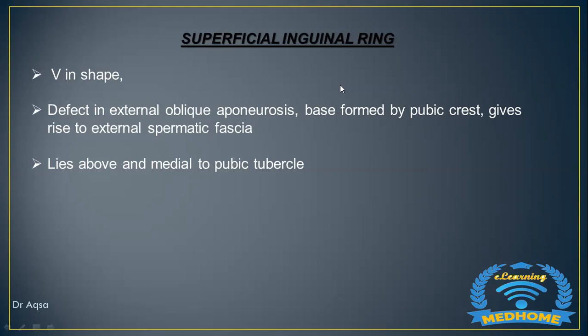The deep inguinal ring gives rise to the internal spermatic fascia, or the internal covering of the round ligament of the uterus, while the superficial inguinal ring gives rise to the external spermatic fascia. And the deep inguinal ring lies about 1.25 centimeter above the femoral artery, while the superficial inguinal ring lies above and medial to the pubic tubercle.